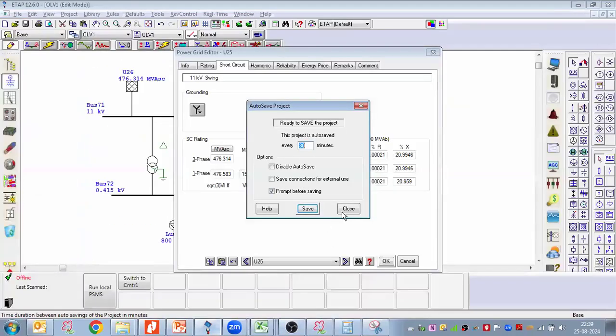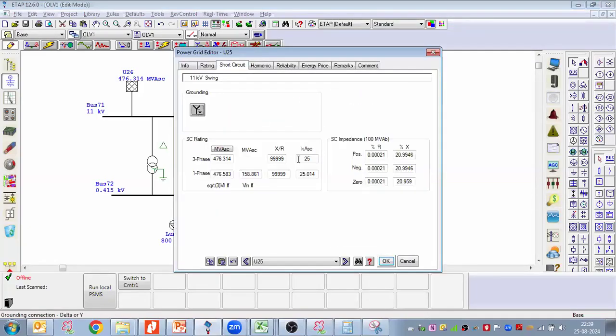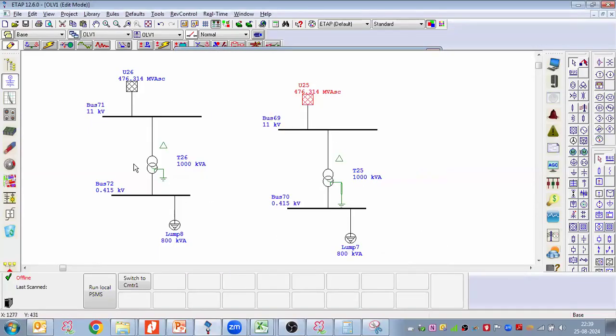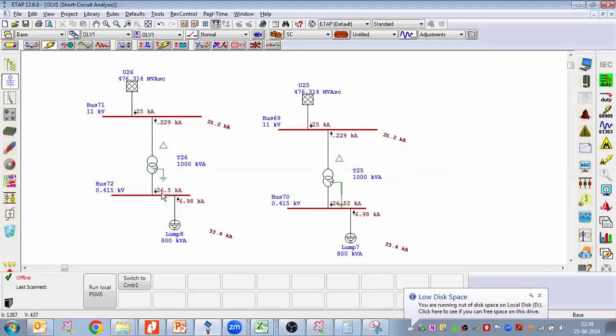You can see this here as well. Closing and putting in the short circuit, delta star. So for L2G, take the three-phase fault, which is coming 26.5 kiloampere. I'll come to the detail about this.